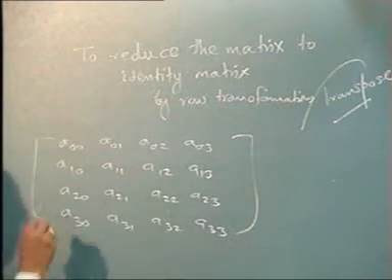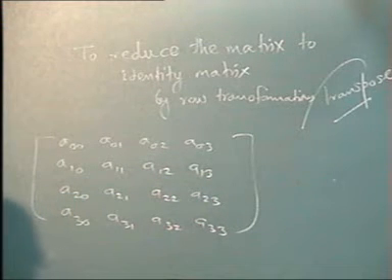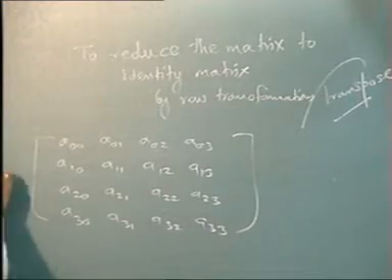So I have a 4 by 4 square matrix which is to be reduced to identity by performing only row operations. This is matrix A.